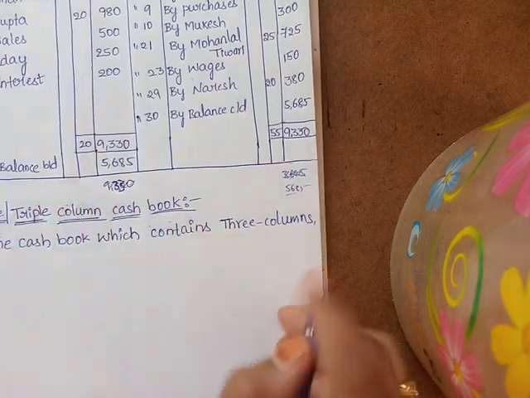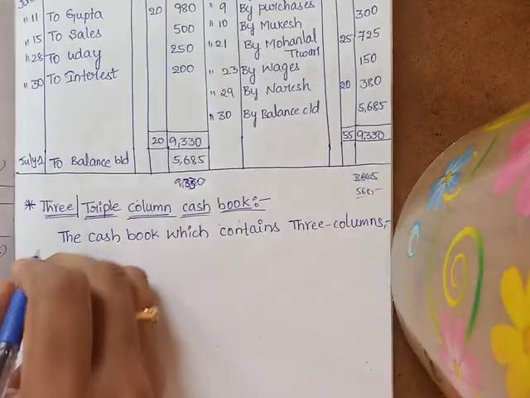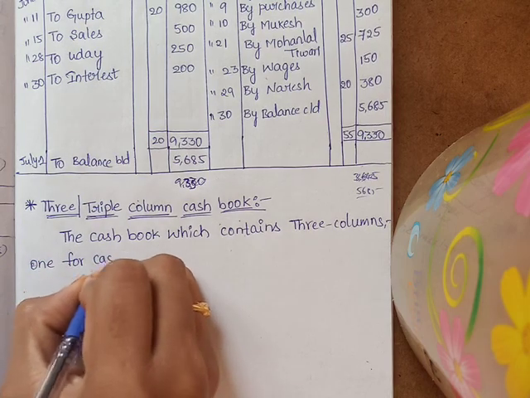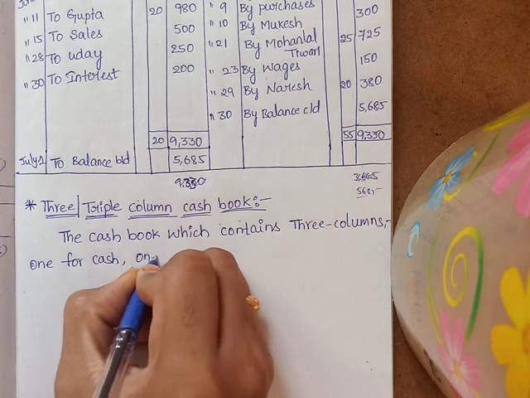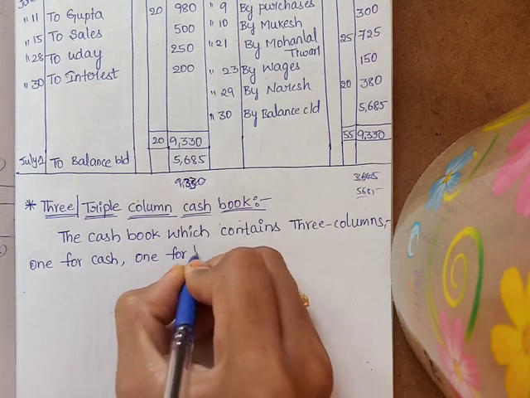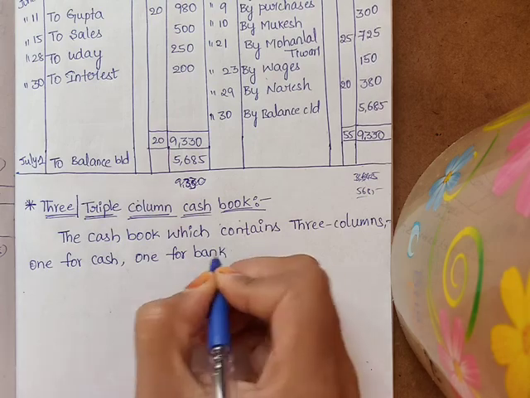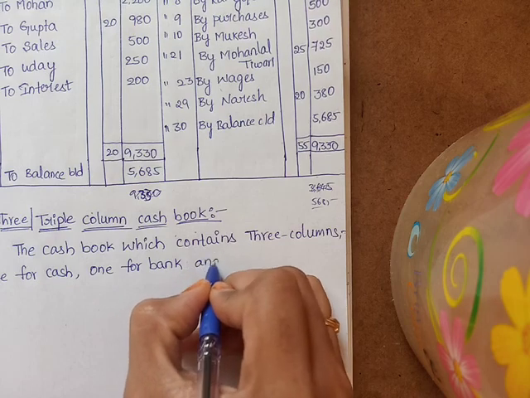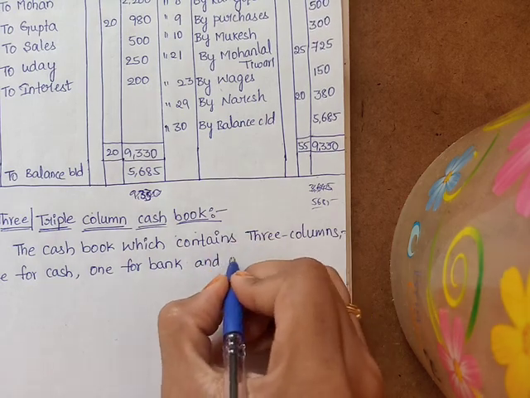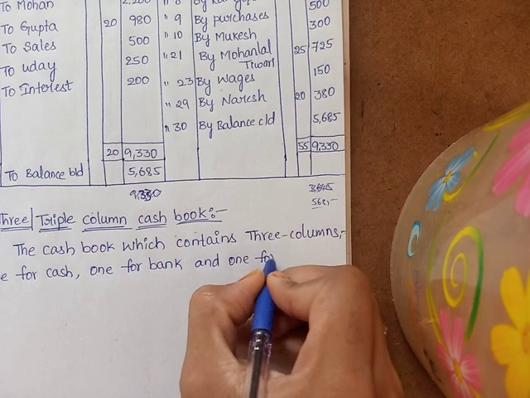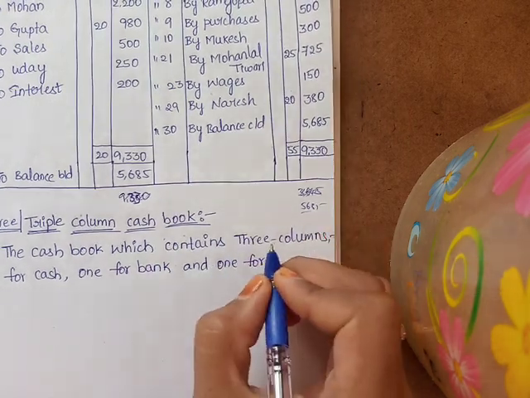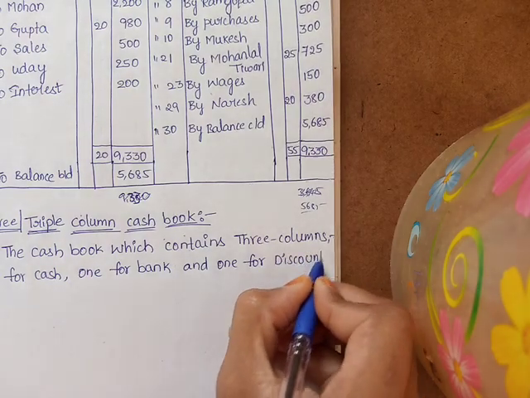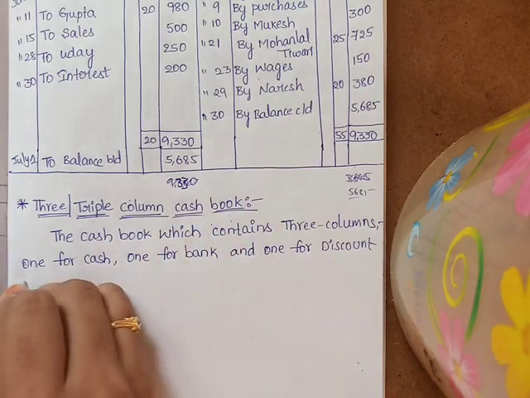Three columns, what are they? See here: one for cash, one for bank, and one for discount. Discount on each side.